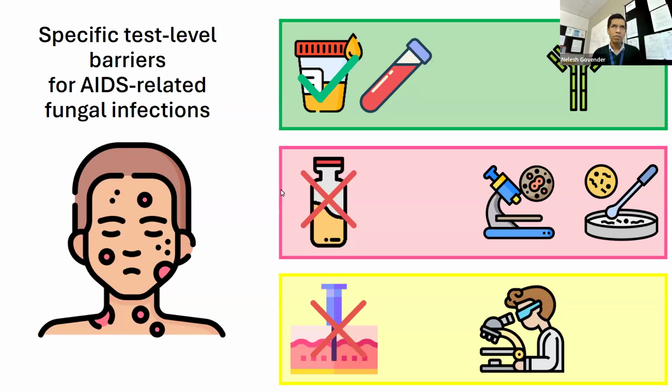At the moment, we predominantly have these antigen tests in an enzyme immunoassay format, and that requires laboratory infrastructure. There are now some lateral flow assays, either in development or available but not on the market. And there's one other lateral flow assay which doesn't perform particularly well for histoplasma.